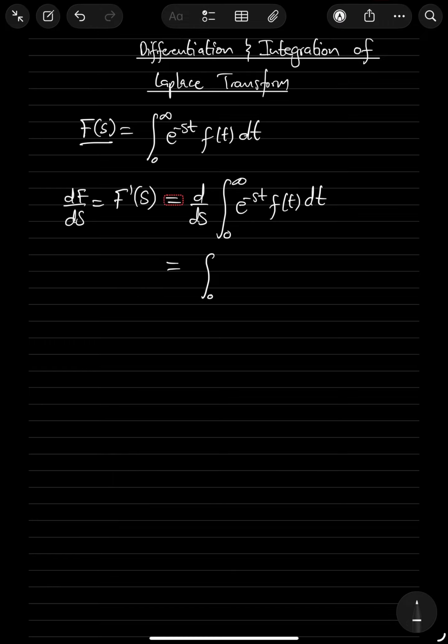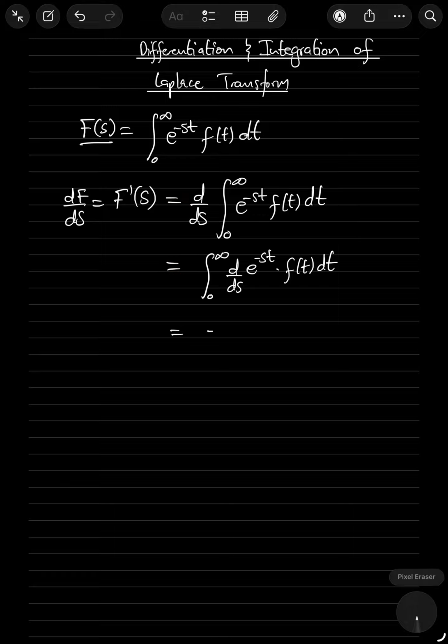So this is d/ds of e^(-st) f(t) dt. When you differentiate an exponential function, what do you get? If you differentiate e^(ax), the derivative is e^(ax), right?